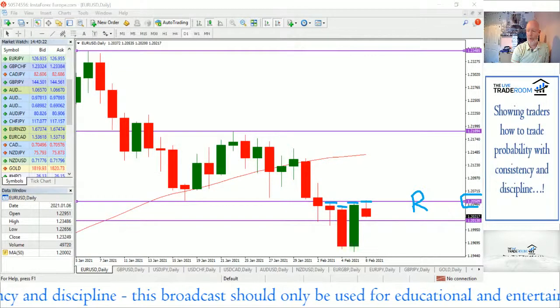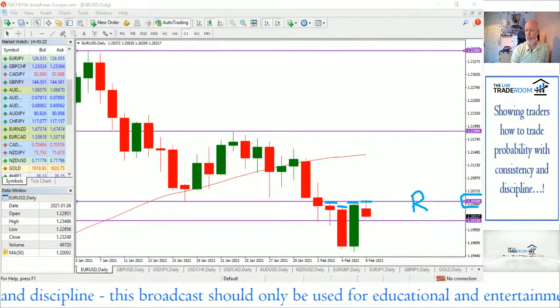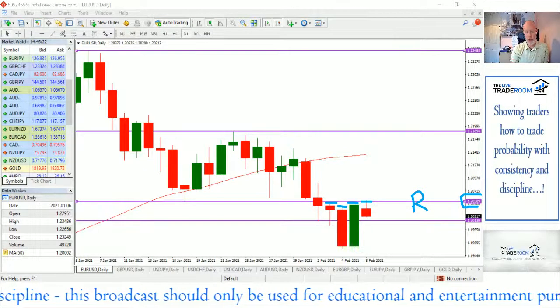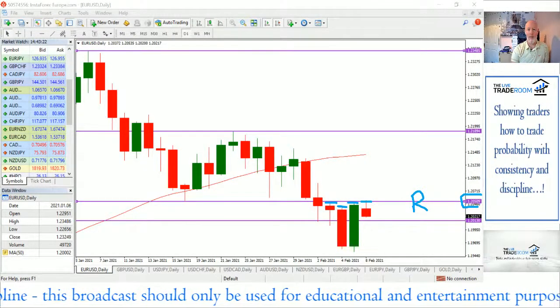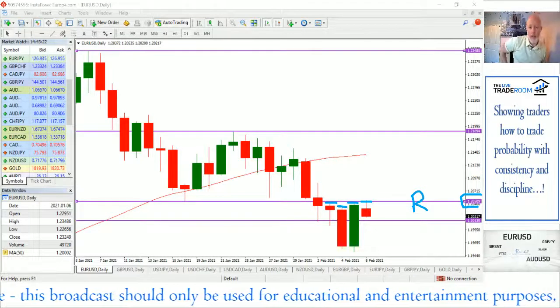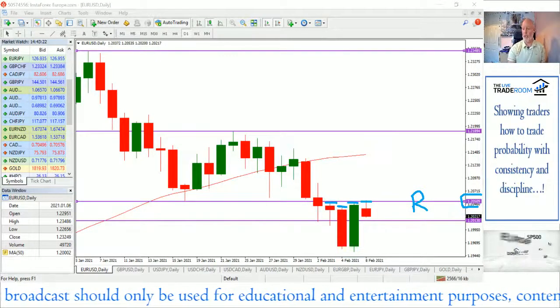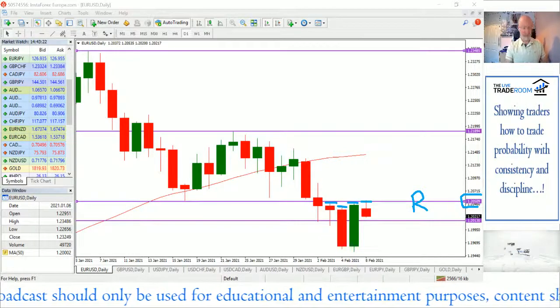They see these levels and look to respect them time and time again, and that's what technical analysis is. That's how traders can gain a very important edge in trading these financial markets.